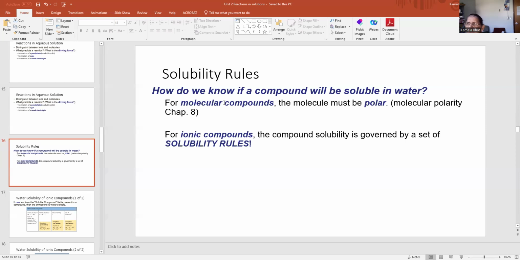Polar means a neutral molecule has a positive charge and a negative charge on itself, so that the net charge of the molecule is zero, but still, because of the existence of charges, it can dissolve in water. For ionic compounds, the solubility is governed by a set of solubility rules.